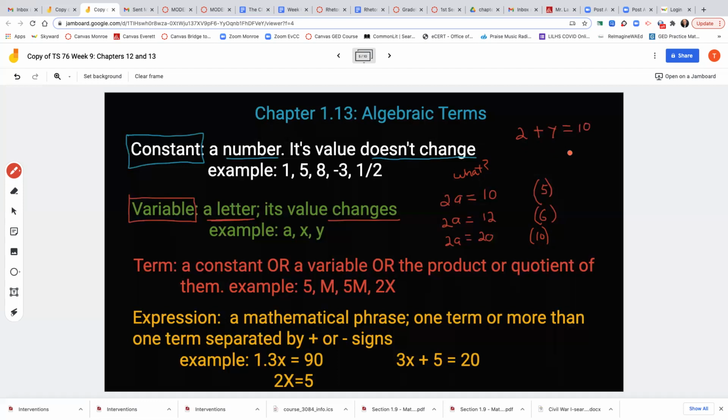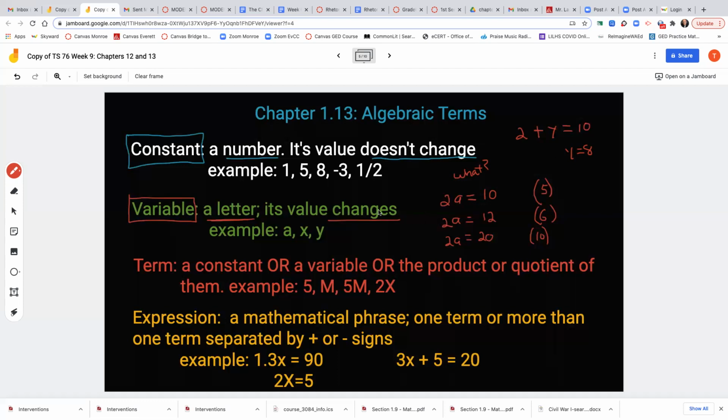Oh, it's 8. Y equals 8, okay? Because 8 plus 2 is 10. So all it is, is what number makes it equal? What number is the one that would solve it and make this equal sign here true? And that's really cool. That's really crucial. You're paying attention to the equal sign, okay?